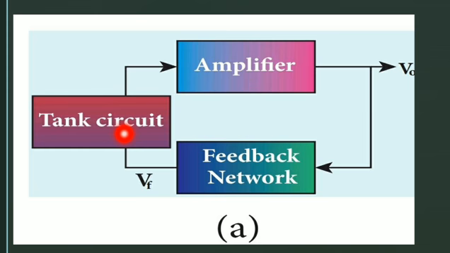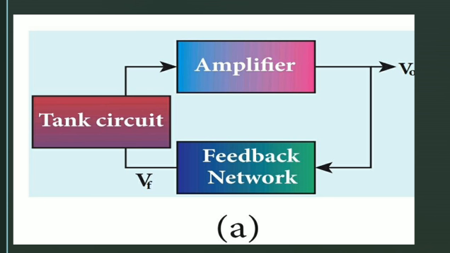See, this tank circuit produces the signal, and that signal is fed into the amplifier. The signal is very weak, and when it is amplified by the amplifier, it gives the output. At the same time, a fraction of the output signal is fed back into the tank circuit with the help of feedback networks.